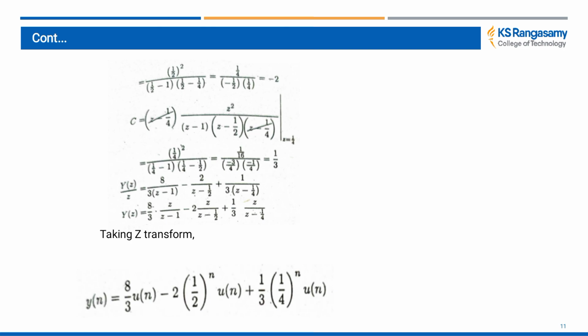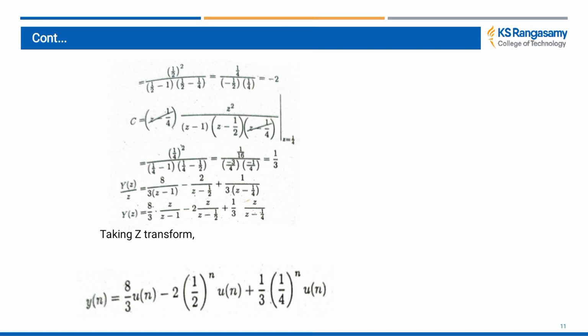Instead of a we have 1, so 1 power n into u of n, minus 2 into the second term, where instead of a it is 1 by 2, so 2 into 1 by 2 whole power n u of n, and 1 by 3 into 1 by 4 whole power n into u of n.